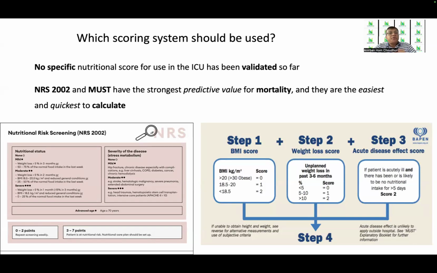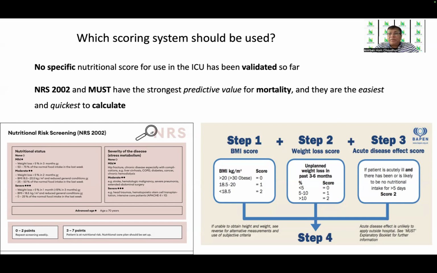Nutritional Risk Screening 2002 and MUST, the Malnutrition Universal Screening Tool, have been found to have the strongest predictive value for mortality. They are also the easiest scores, and the calculation is the quickest.